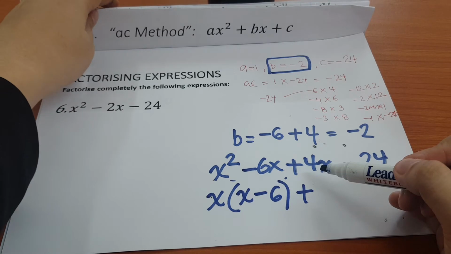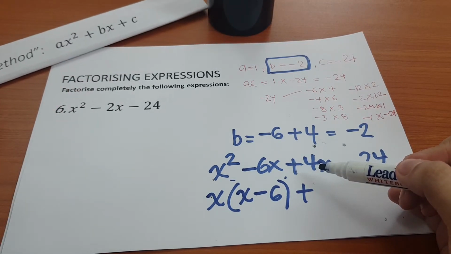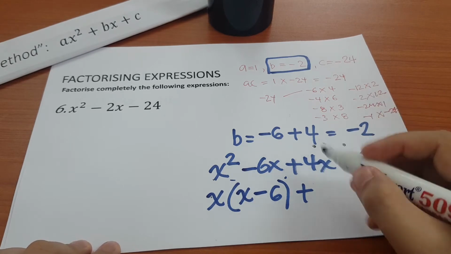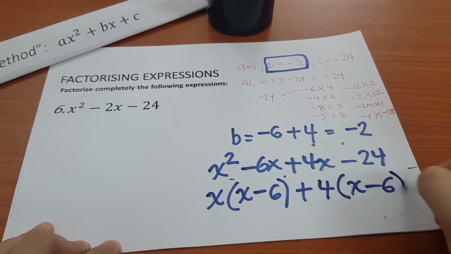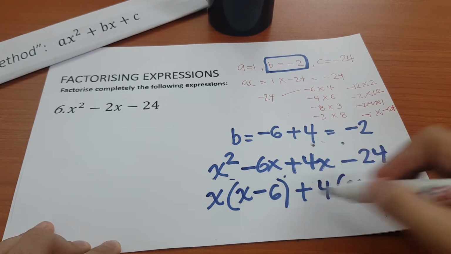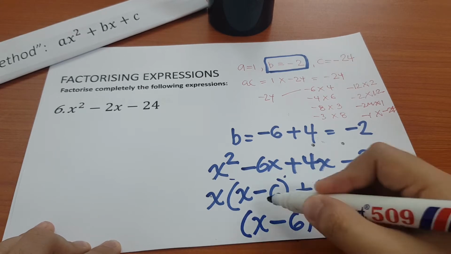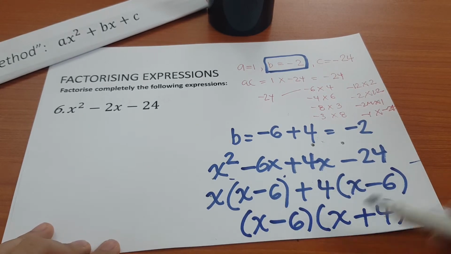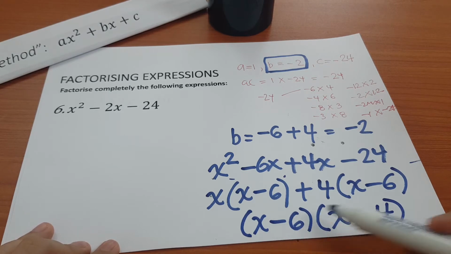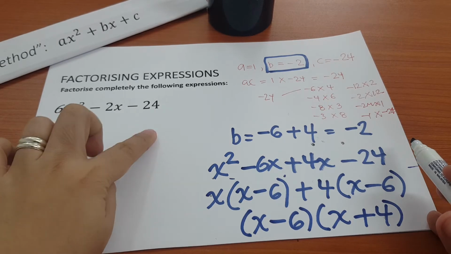Here, the common is 4. So the remaining is x minus 6. Looking at both sides, you have x minus 6 times x plus 4. So this will be your factor. This is the complete factor of x squared minus 2x minus 24.